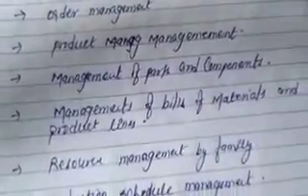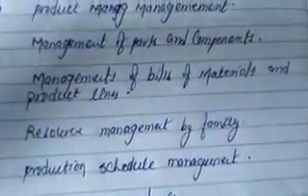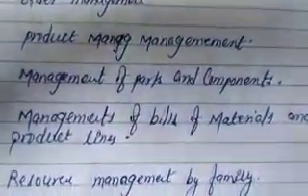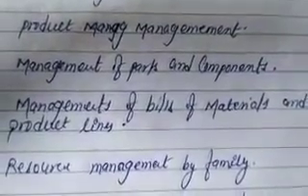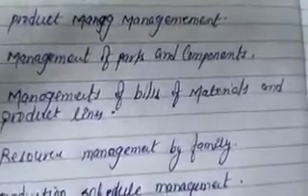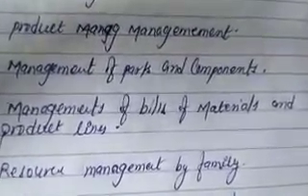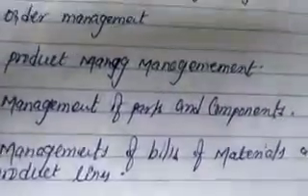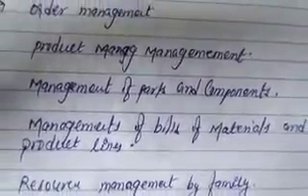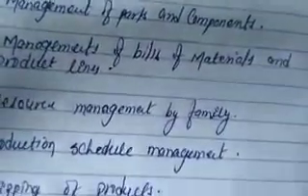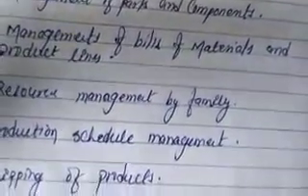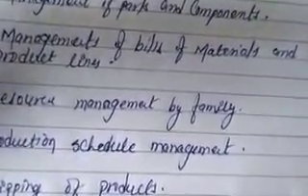And fifth, management of bills of material and product lines. How to understand in the CAPM method the management of bills of material and product lines. Suppose we sell our product in the market from industry, we require management of bills of materials, because if you sell product in the market, how do you control and manage billing for this type of material and product lines.